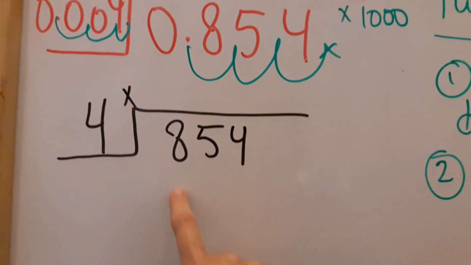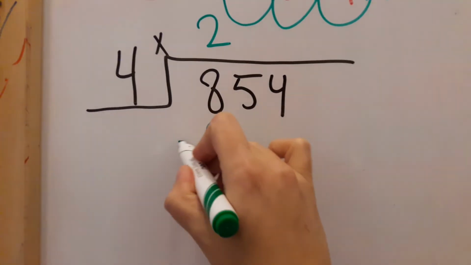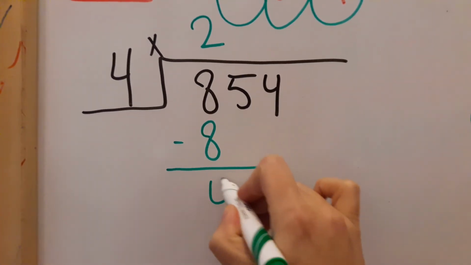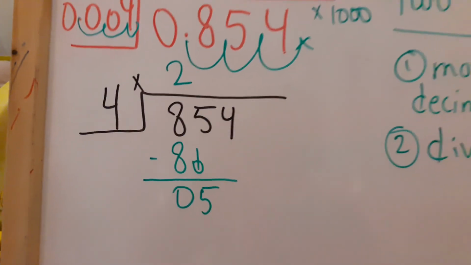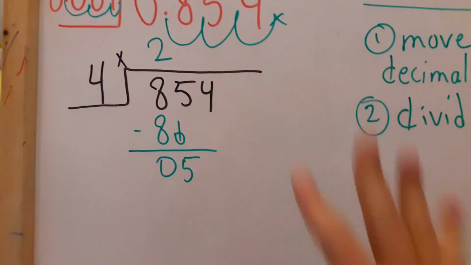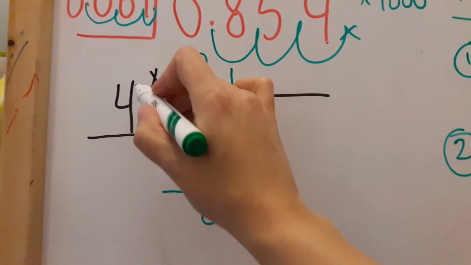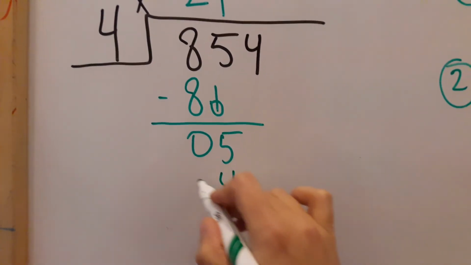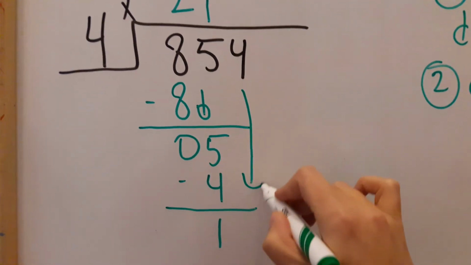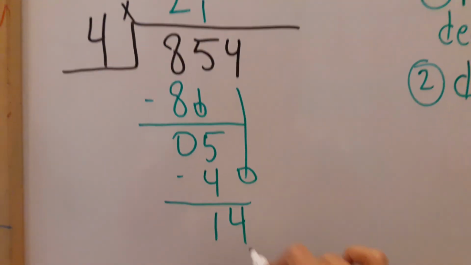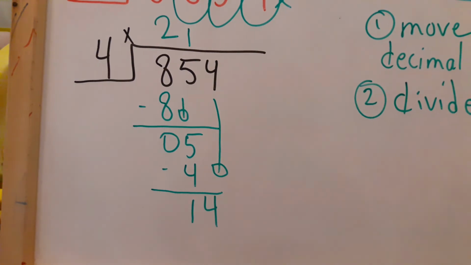4 times what gives me 8? Times 2. So this is 8, subtract 0. Now 5 comes down. 4 times what gives me 5, or a number closer to 5? Times 1. 1 times 4, it's 4. We subtract 1, and the 4 comes down. 4 times what gives me 14, or a number closer to 14?